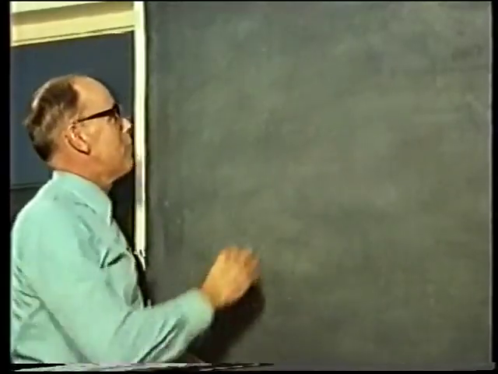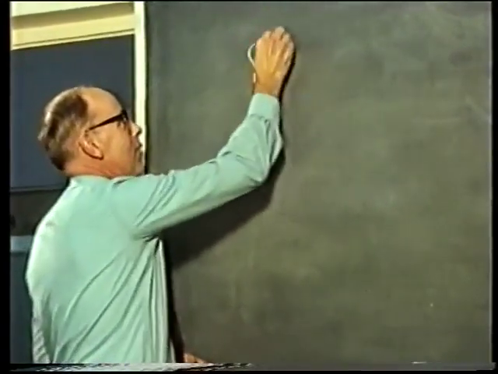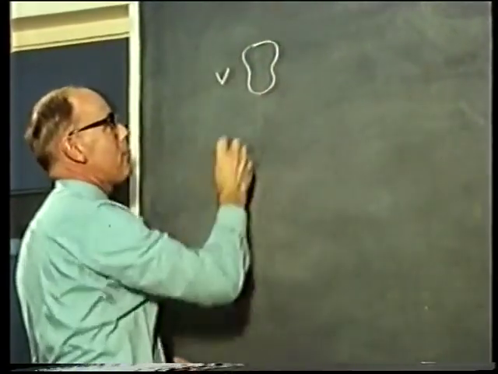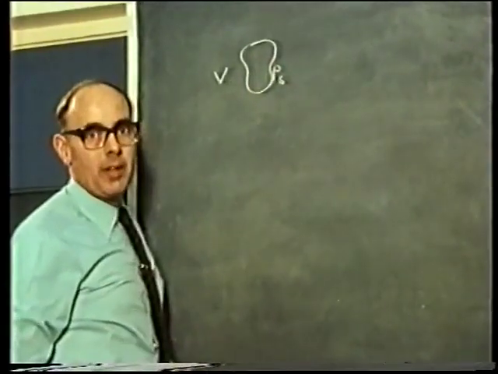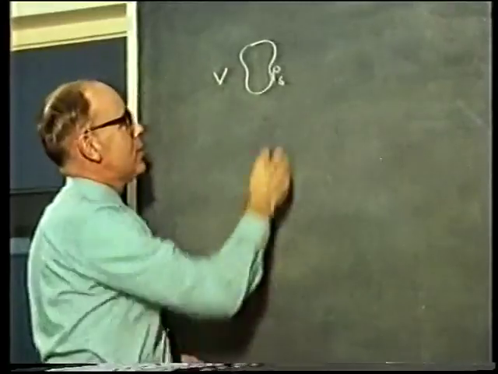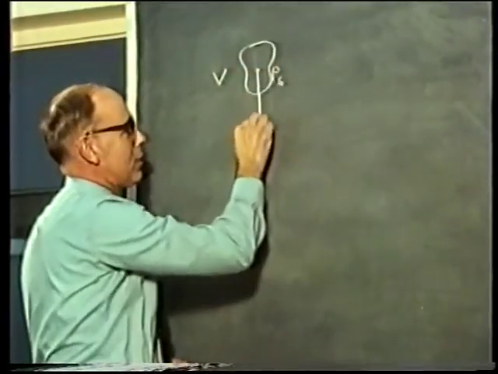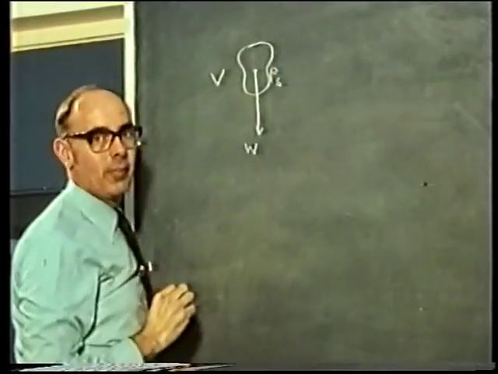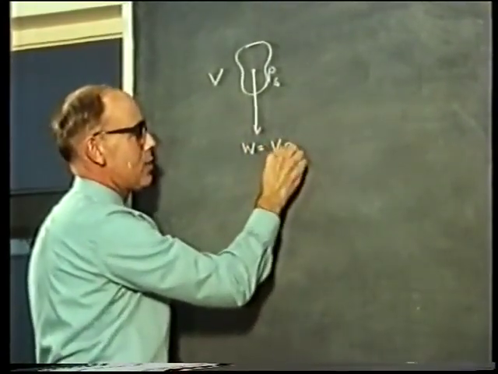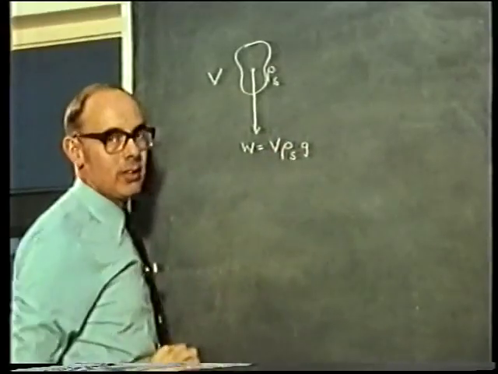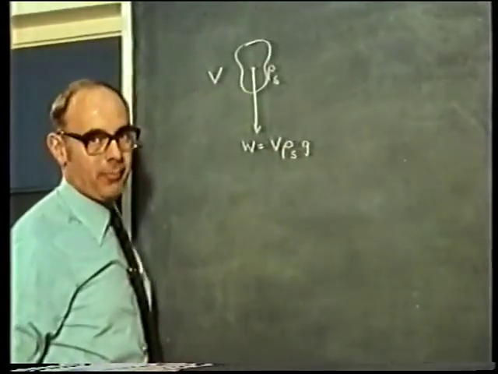Let's suppose that we have a particle of volume V and density rho s. The first force that acts on it is, of course, the weight, vertically downwards, W. And this is equal to the volume times the density of the solid times little g, the gravitational acceleration.